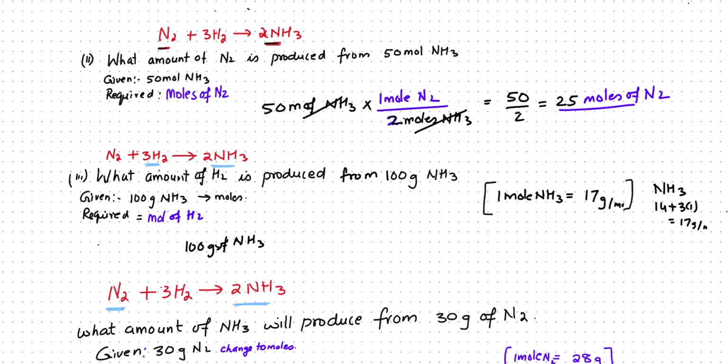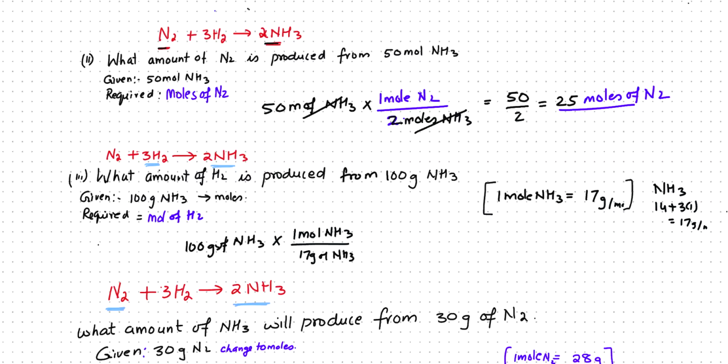So we write times 1 mole NH3 equivalent to 17 grams of ammonia. So this is how we change grams to moles. Now we multiply by mole ratio.